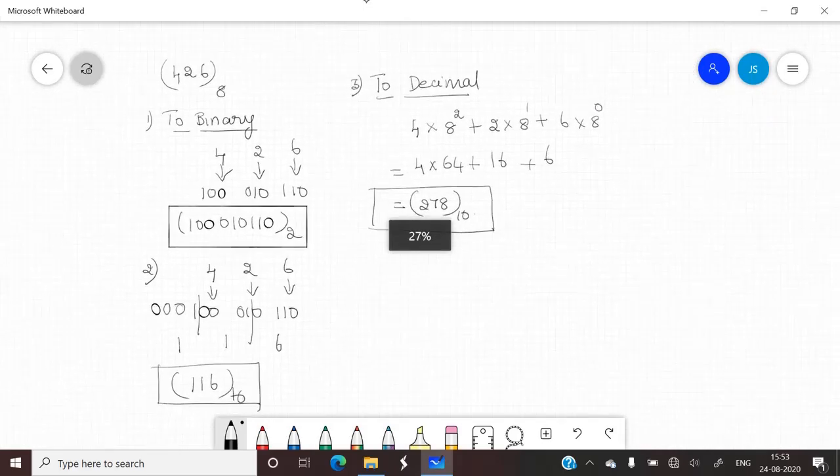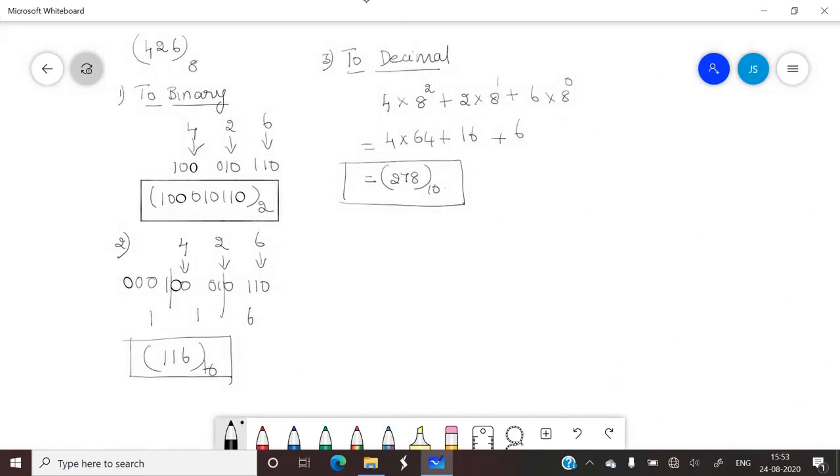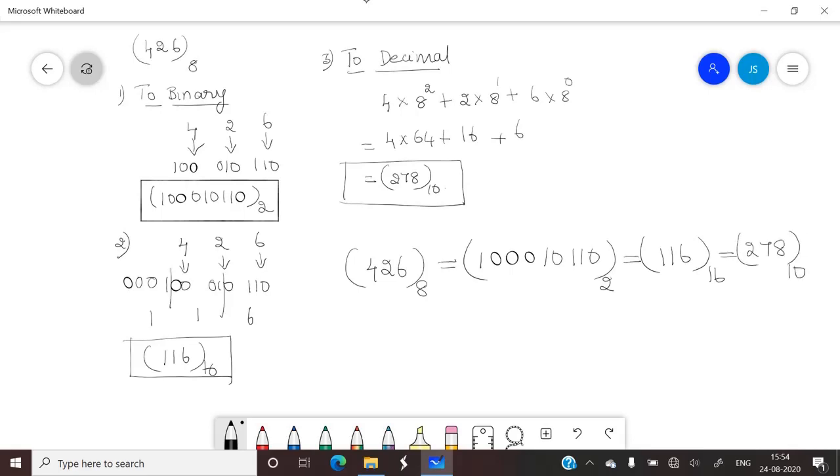So how do we write the relationship here? 426 in octal is equivalent to 100010110 in binary, that is equal to 116 in hexadecimal, which is equal to 278 in decimal.